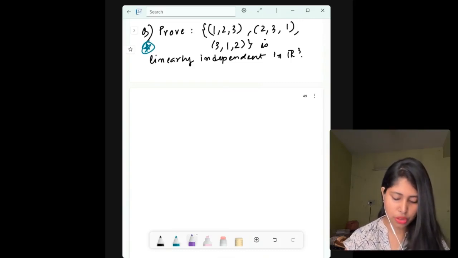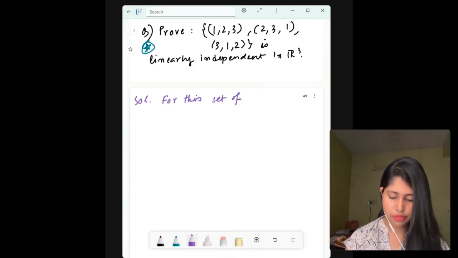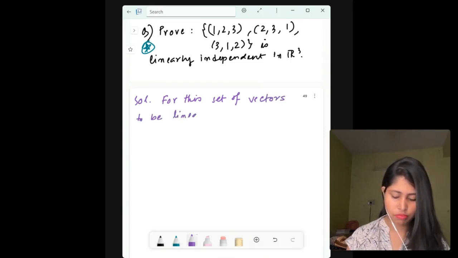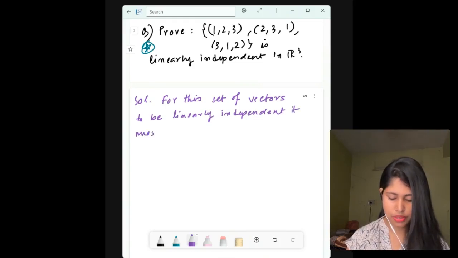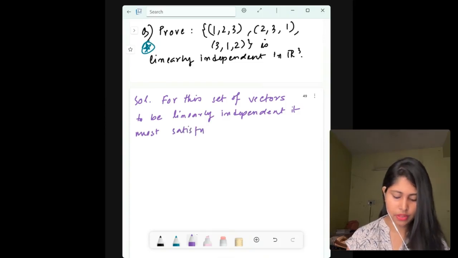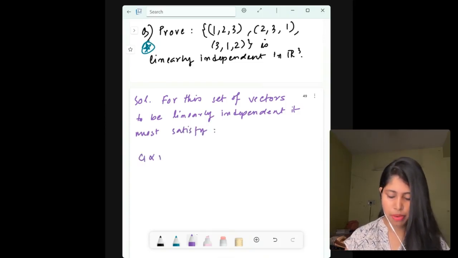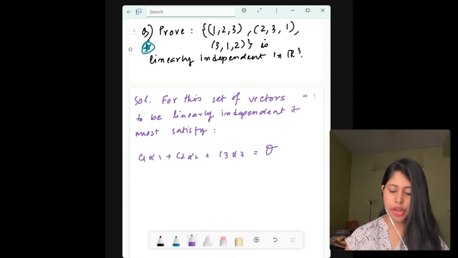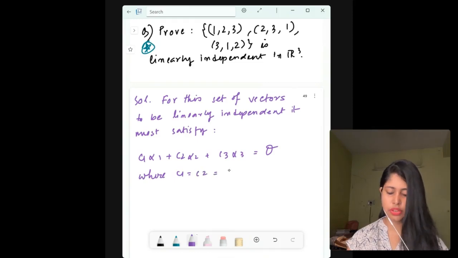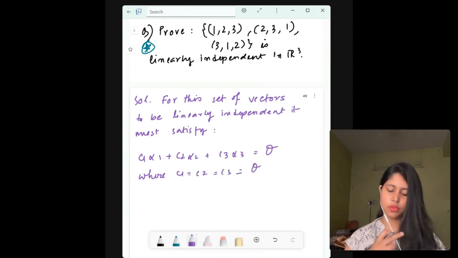See, first you need to write, for this set of vectors to be linearly independent, it must satisfy c1 alpha 1 plus c2 alpha 2 plus c3 alpha 3 equals theta, where the only solution is c1 equals c2 equals c3 equals theta, or 0, whatever you write.